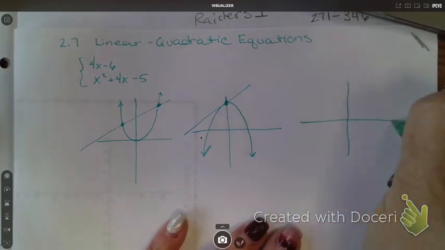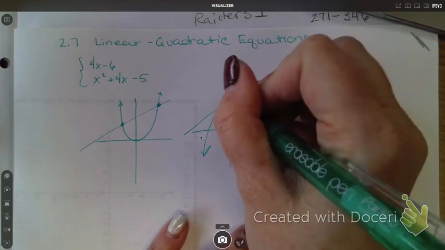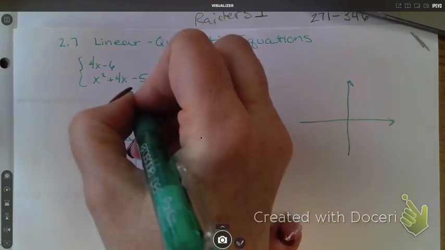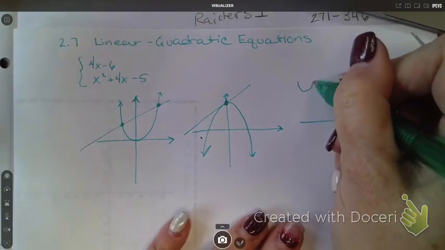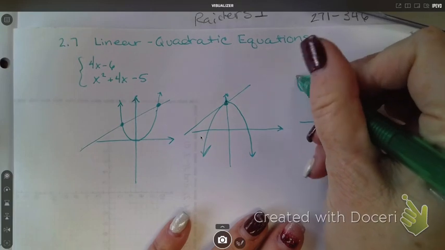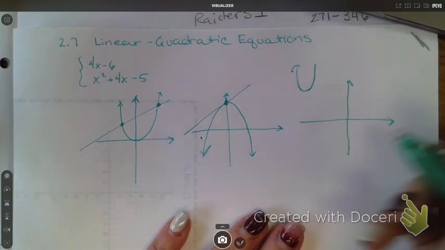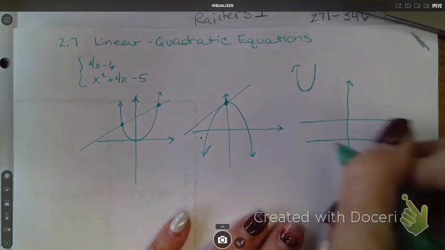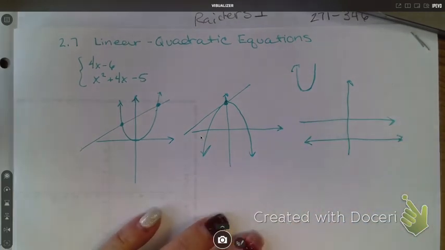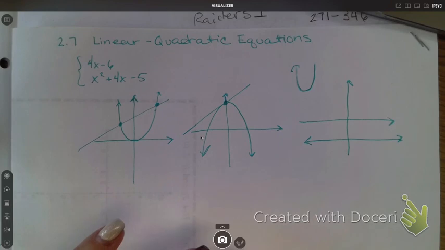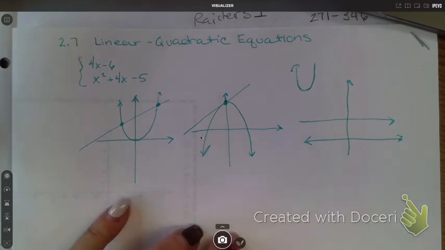Or, here's my quadratic and here's my linear, and they could have what? No solution.